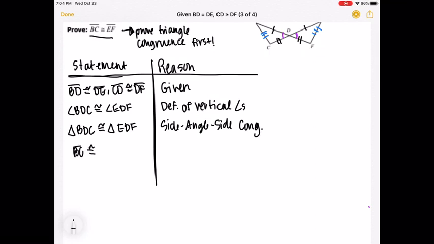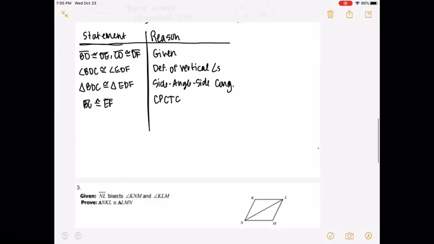So I can now say BC is congruent to EF because corresponding parts of congruent triangles are congruent. CPCTC. All right, that one is done.